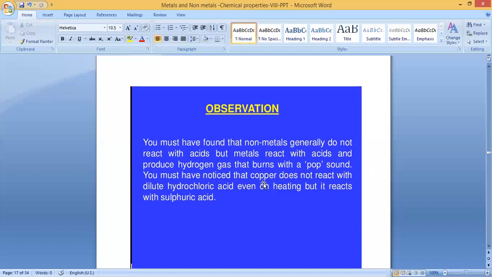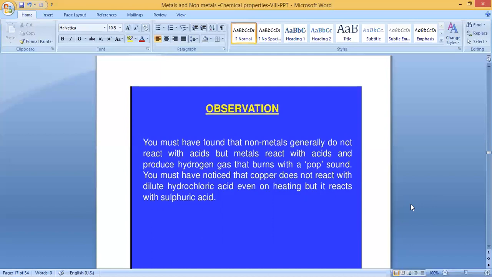Another example they are telling: copper does not react with dilute hydrochloric acid even on heating, but it reacts with sulfuric acid. So this is an observation. Metals react with acids and produce what?